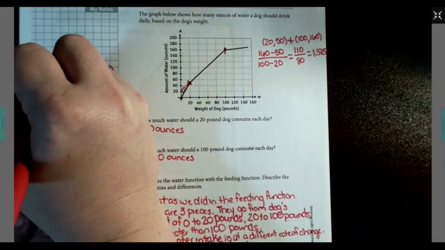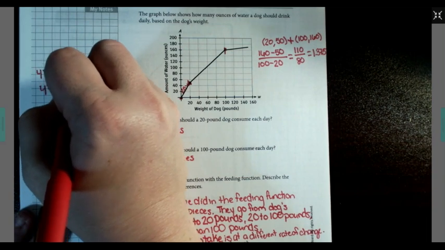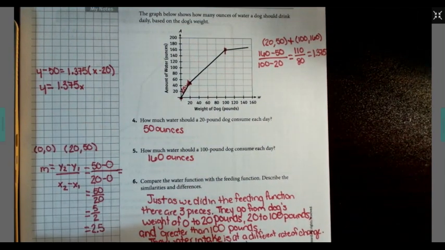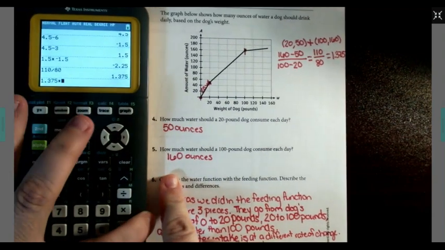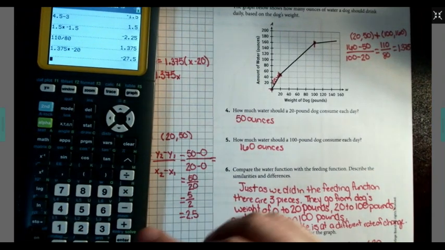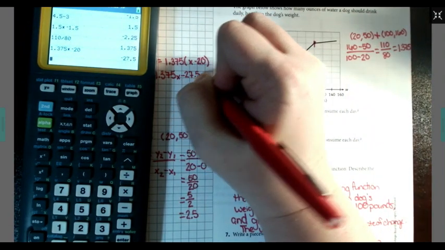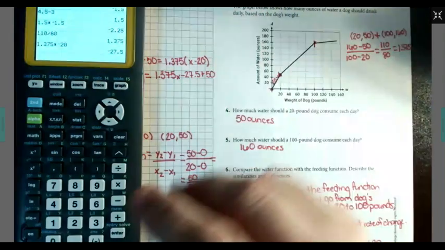So we have y equals 1.375x. Oops, sorry, y'all can't see my calculations here. 1.375 times negative 20 gives me negative 27.5. And then we added 50 to both sides.